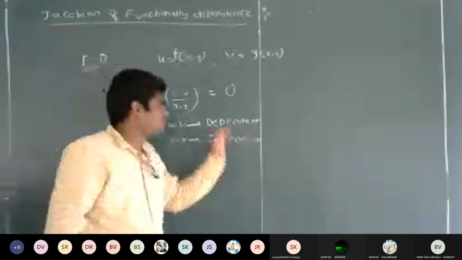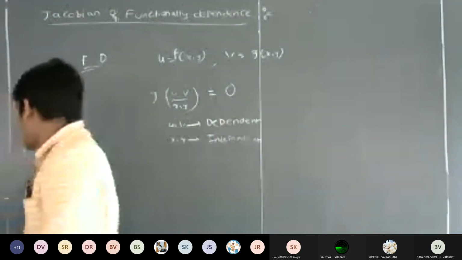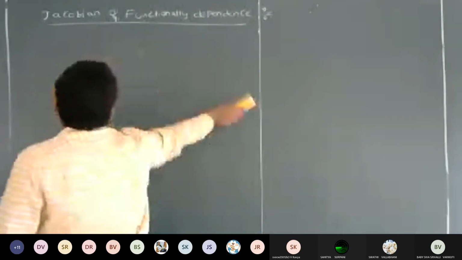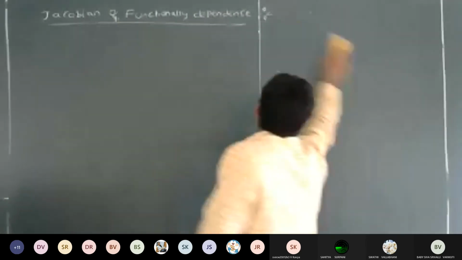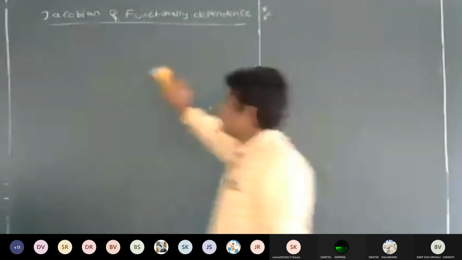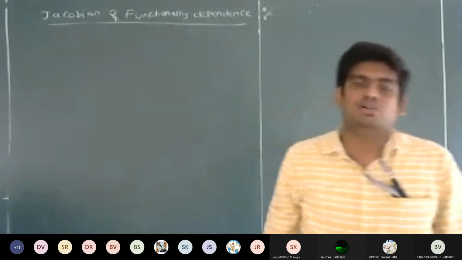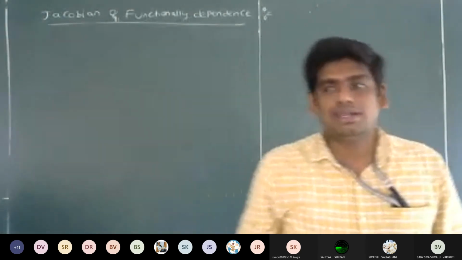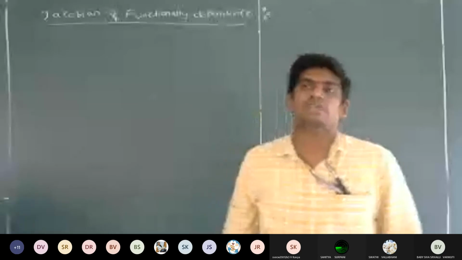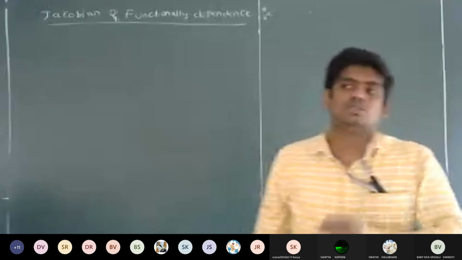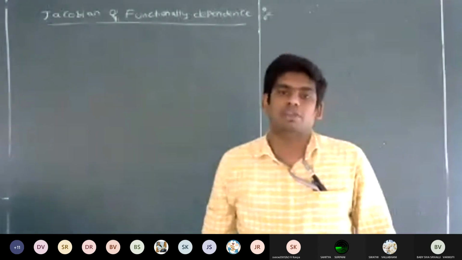So if the Jacobian of the given dependent variables with respect to the independent variables is equal to 0, then the given variables are dependent on each other, meaning there exists a relation between them. If the Jacobian is not equal to 0, there is no relation between the dependent variables and independent variables.